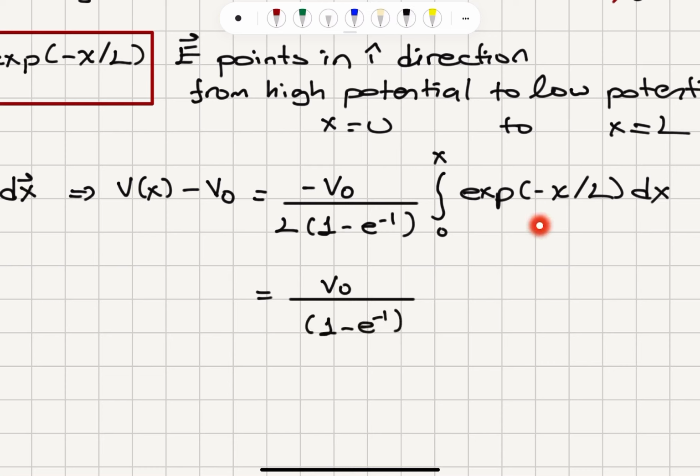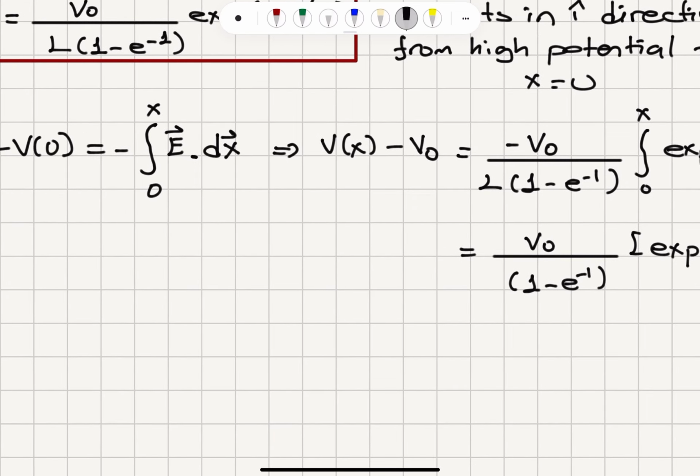You can see this integral is going to give me minus L. So minus L will cancel out with this L. The minus sign will disappear. And I will be left with exponential minus x over capital L. And when evaluated at x equals 0, I will obtain 1. So that is the potential at point x minus V0.